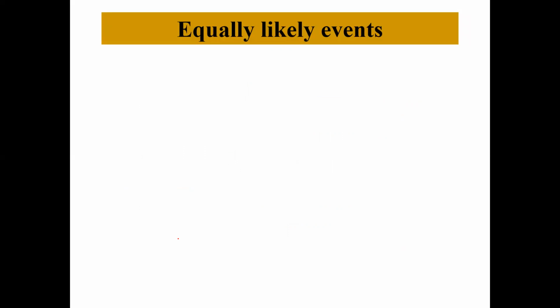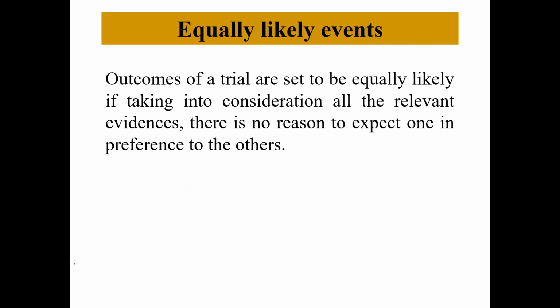Now another term, which is known as equally likely events. What is the meaning of equally likely events? Outcomes of a trial are said to be equally likely if, taking into consideration all the evidence, there is no reason to expect one in preference to the others.